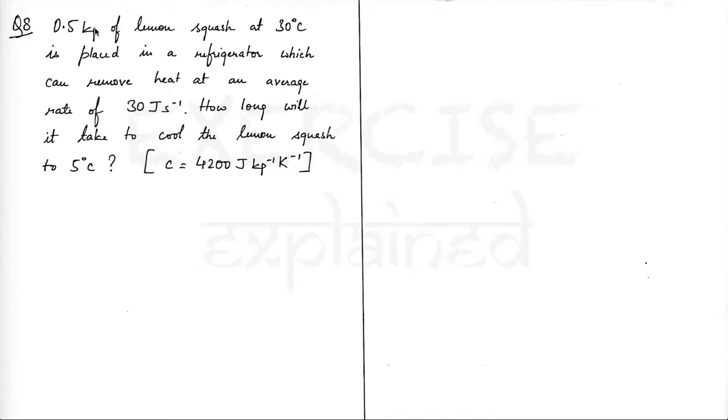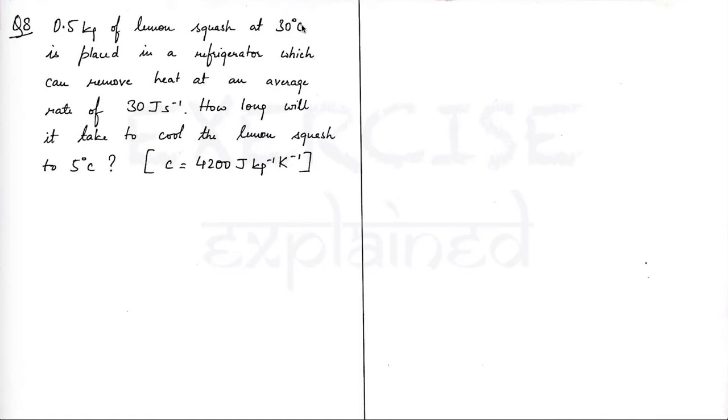For the 8th question, 0.5 kg of lemon squash at 30 degrees Celsius is placed in a refrigerator which can remove heat at an average rate of 30 joules per second. So mass is 0.5 kg, and the initial temperature is 30 degrees Celsius.